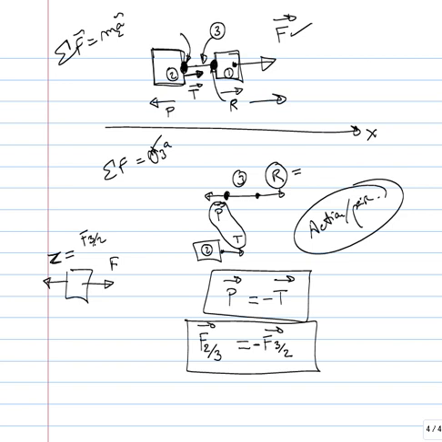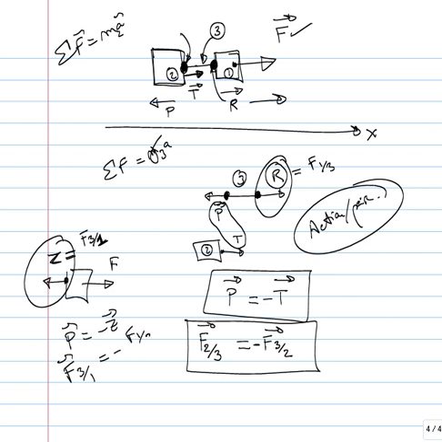Oh wait, I'm sorry, Z must be the force of 3 on 1. So R, remember, was the force due to 1 on 3. And we can see clearly that this point is the same as this point. Therefore, R is the same as minus Z, or F3 on 1 is the same as minus F1 on 3, or vice versa.